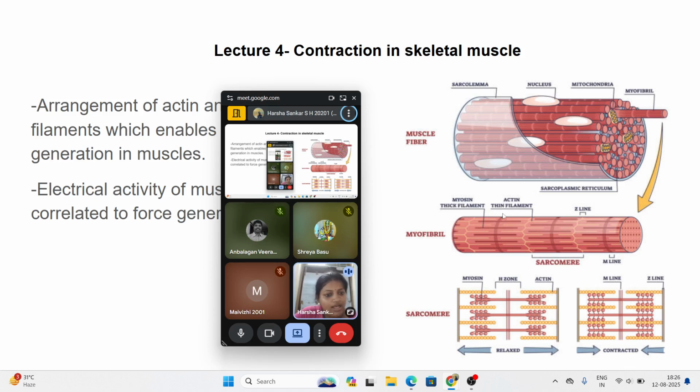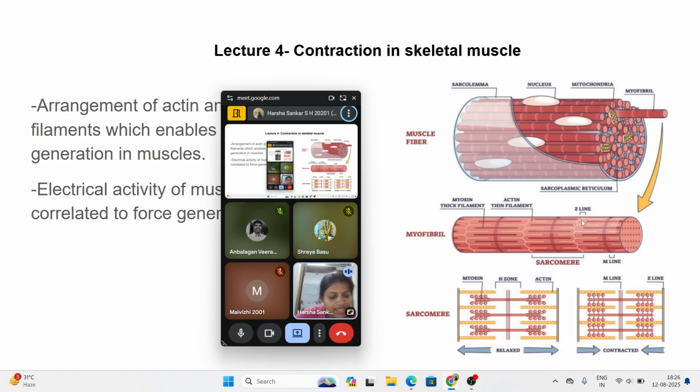Okay. Now, if we look at this pattern again, we can see some Z stripe structure. This Z stripe structure is known as the Z line. The zone constituting the Z line is the I band. Then we can see the thin filament called actin and the thick filament known as myosin.